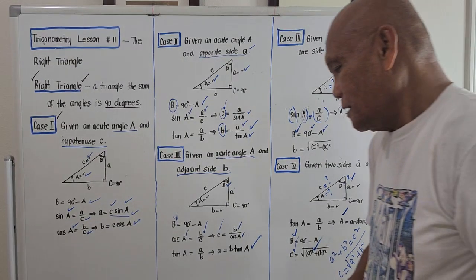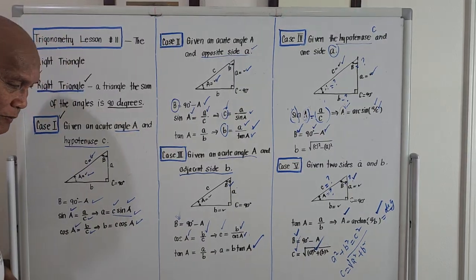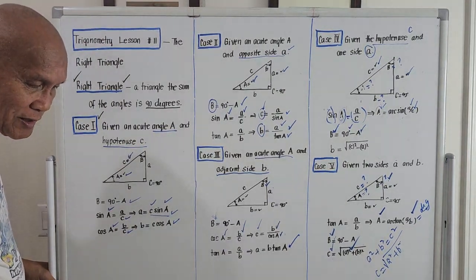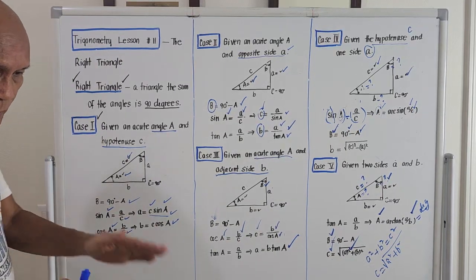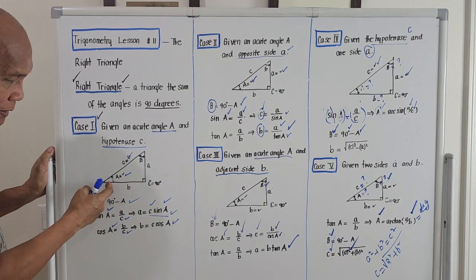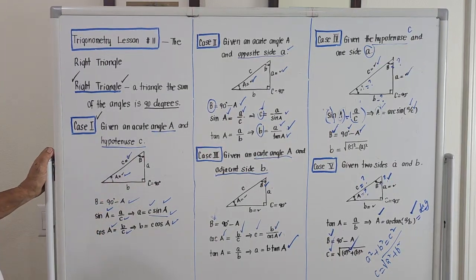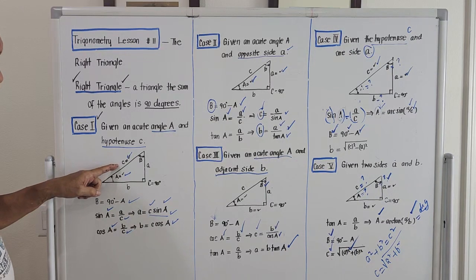Okay, that's it, guys. These are the 5 cases of problems that will fall under the study of right triangles. I will repeat it before we go for tonight. Case number 1, we are given angle A and side C, the hypotenuse.